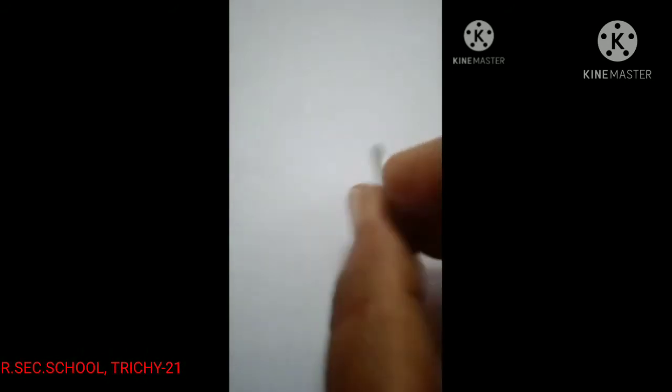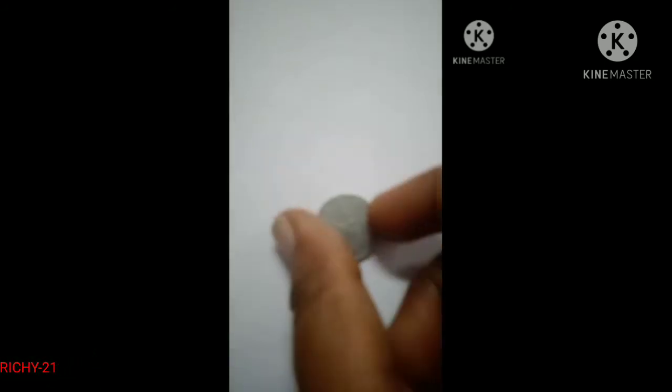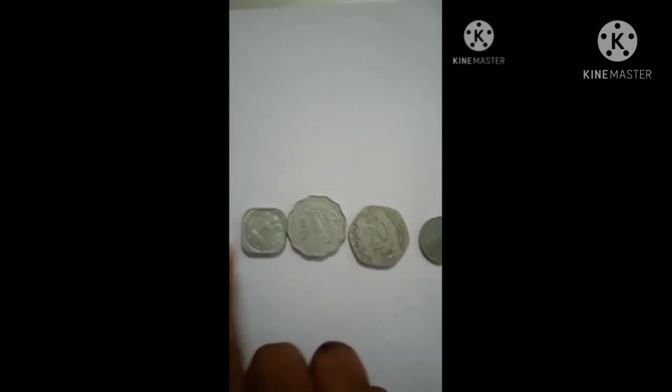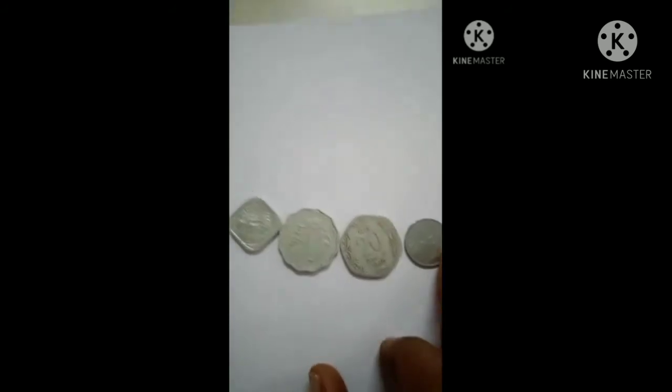This is a 20 paise coin. See, this is a 25 paise coin. Nowadays these coins are not in usage: 5 paise, 10 paise, 20 paise and 25 paise coins.